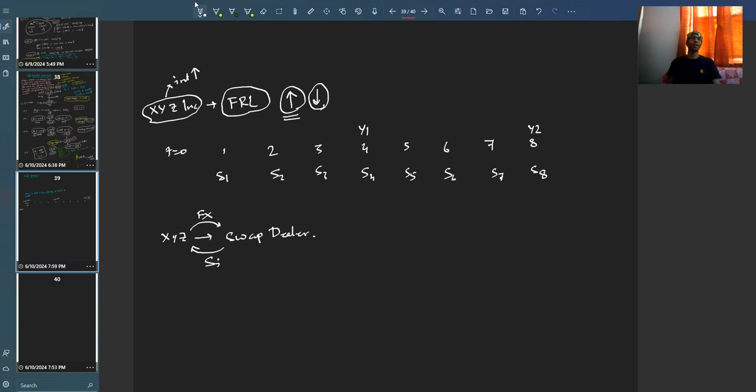So now these payments S1, S2, S3 are being paid by the swap dealer in exchange for a fixed amount being paid by the XYZ entity to the swap dealer. So now the XYZ entity has a payment obligation of FX every quarter. This is a fixed amount, let's say.